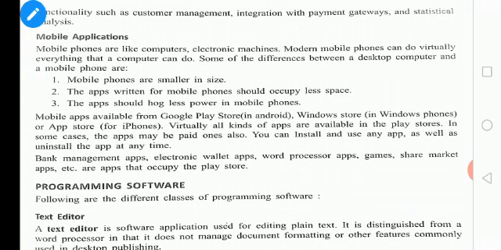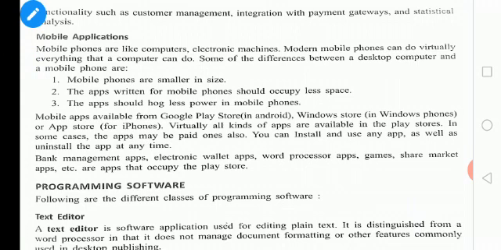It is also a software application because we are dealing with the software, isn't it? So text editor is also an application software. It is used for editing the plain text. By the name itself you can easily identify it is used for editing the plain text. It is distinguished from a word processor in that it does not manage document formatting and other features commonly used in desktop publishing.